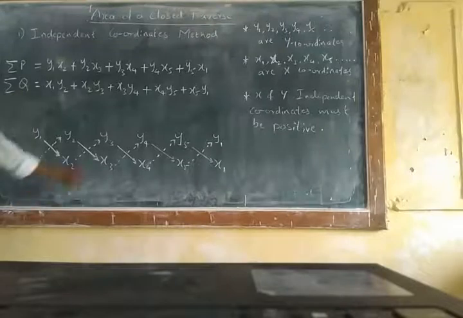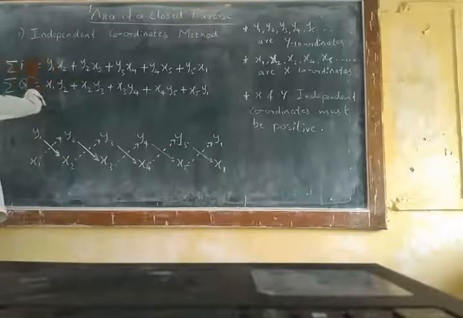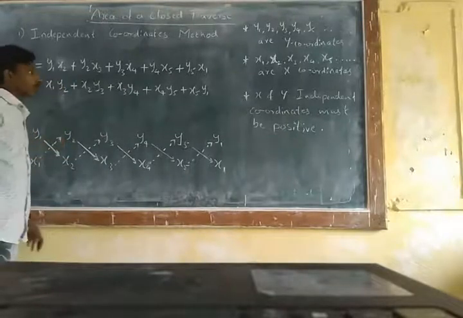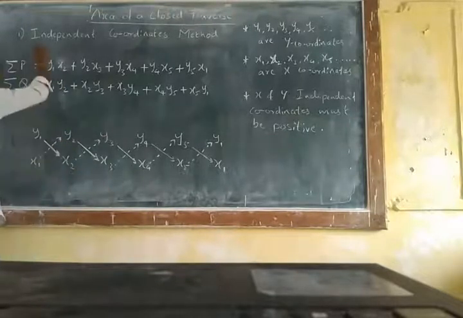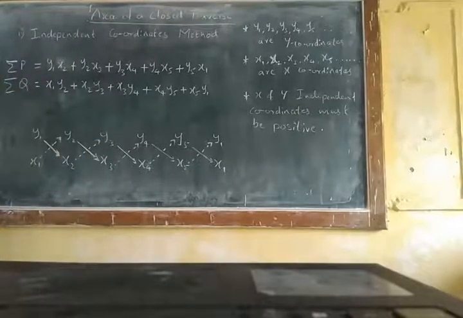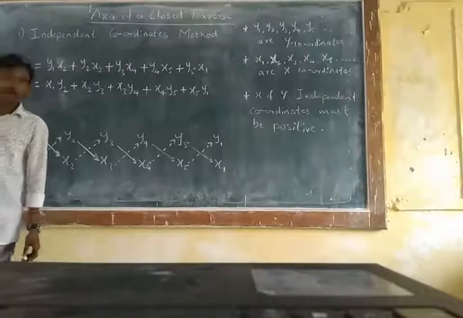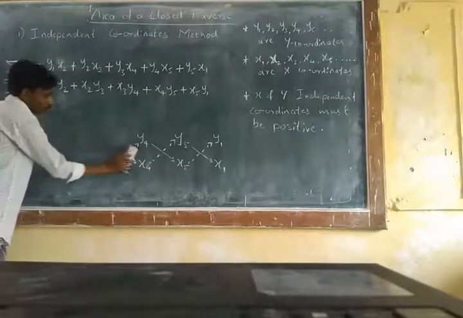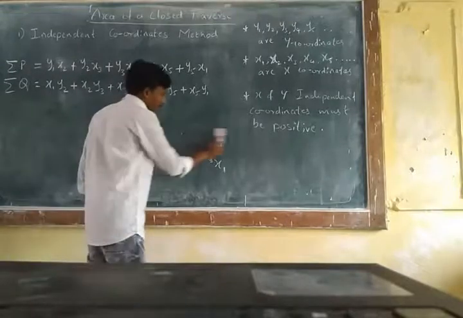Now by using this summation of p and summation of q, we can calculate the area of the closed traverse by the independent coordinates method. Now let's write the formula of area.